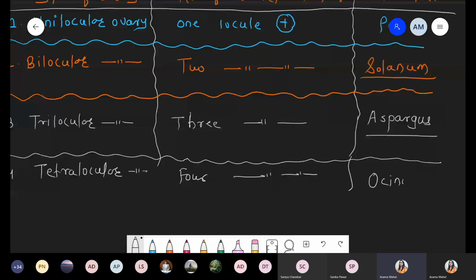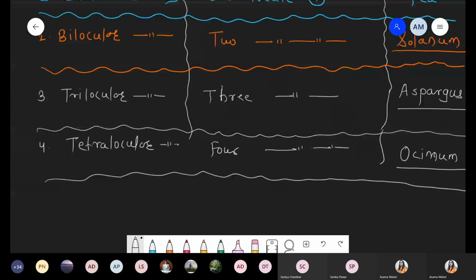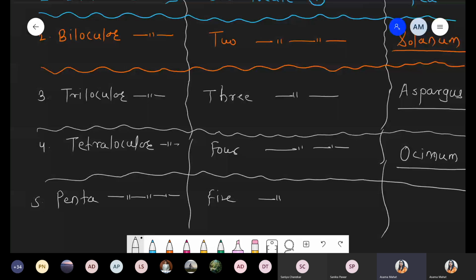Now, penta. Pentalocular ovary. Please write down the complete sentence, okay? Pentalocular ovary means that a total of 5 chambers or 5 locules are present, and it is very common in China rose.